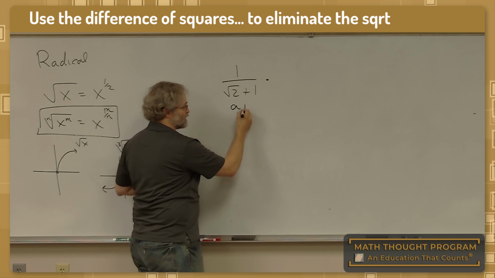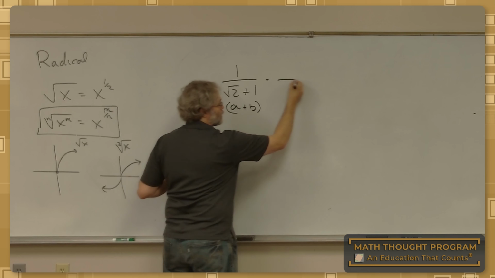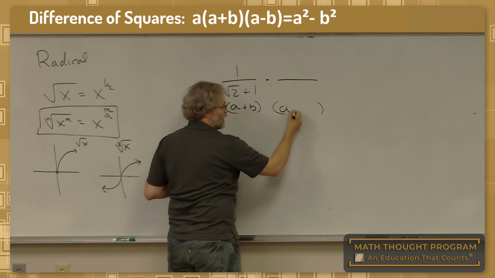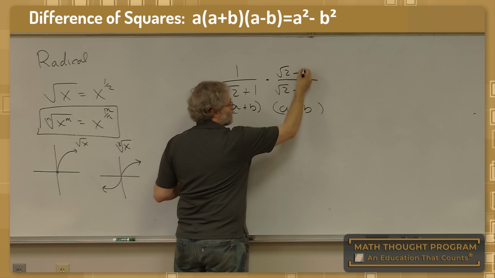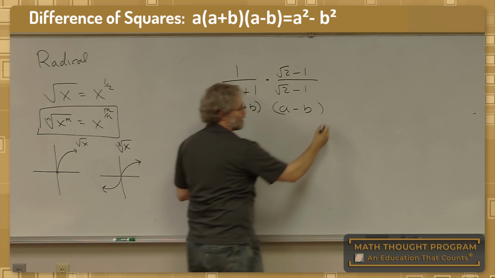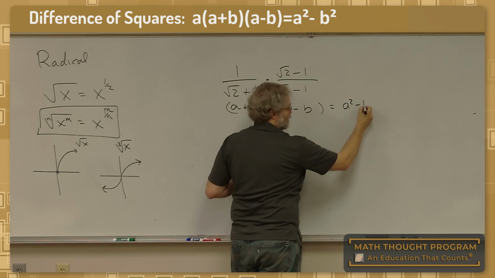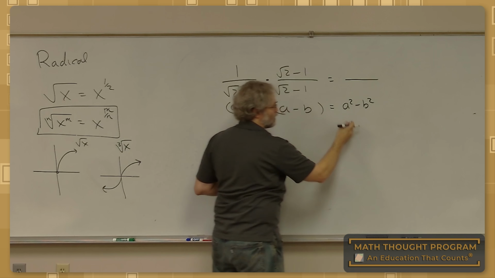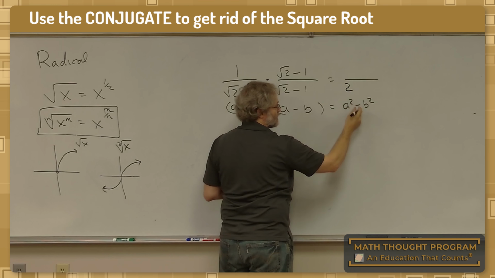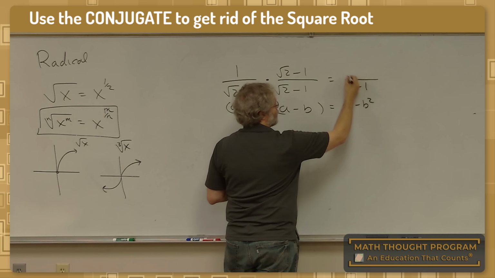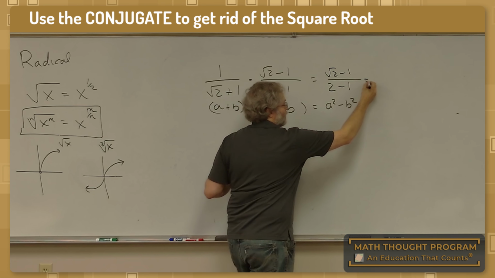Here I have a plus b, and I'll say a minus b, because I know this. When I expand out, I'll take the first term, square it, take the next term, square it, and then simplify it down.